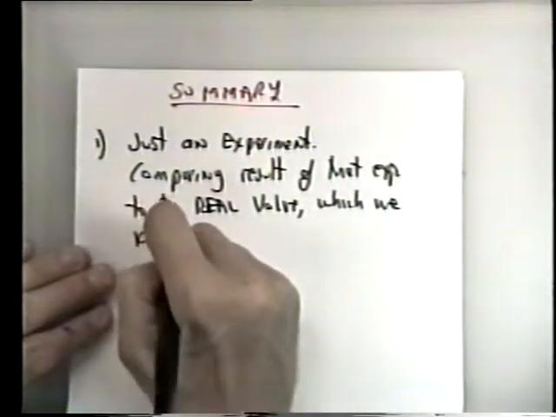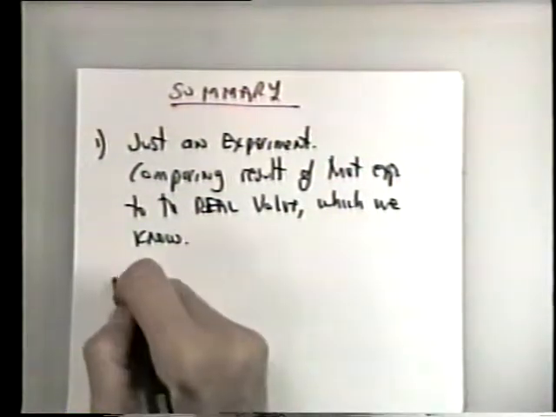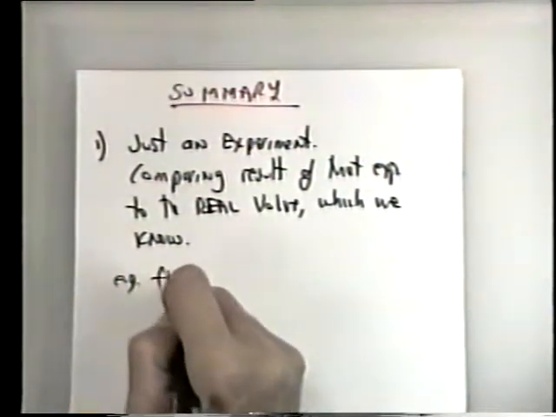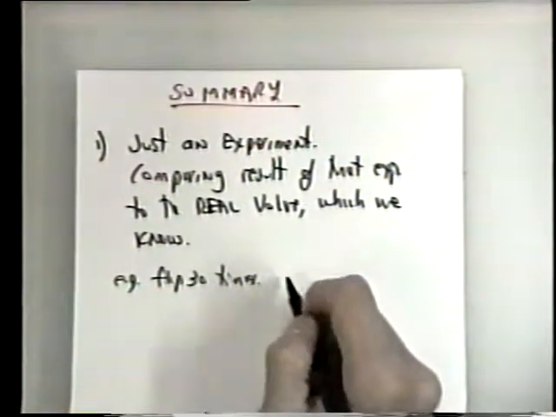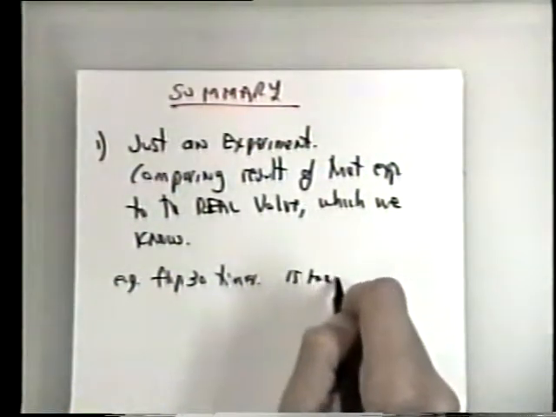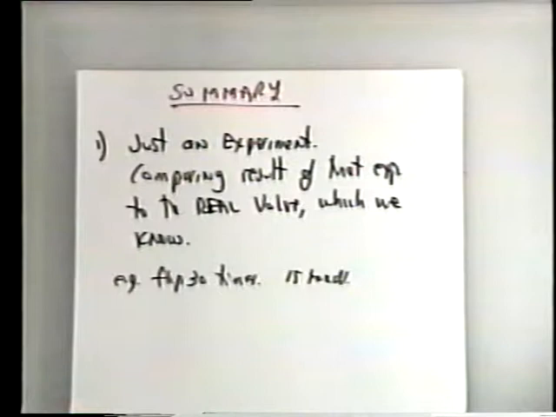As I said, sometimes this is actually the case. For example, let's say we flip a coin 30 times. We know that about 15 times it should be heads, so we know what the correct result is.